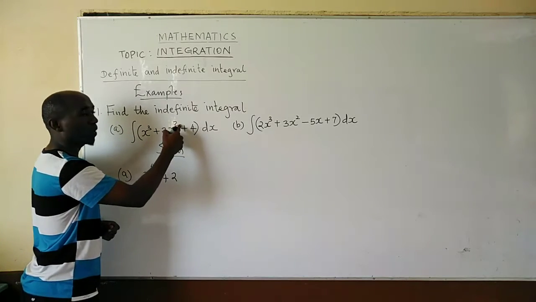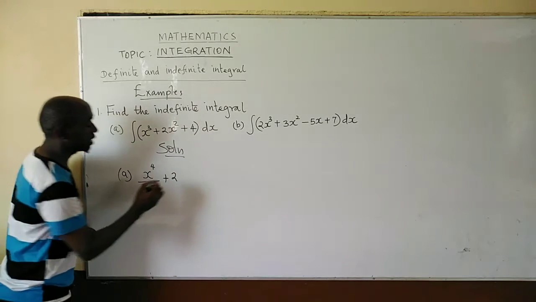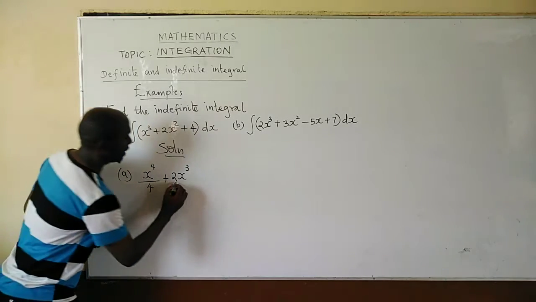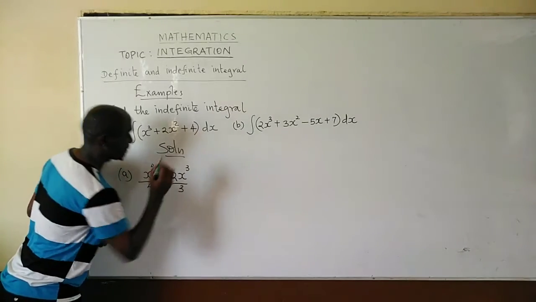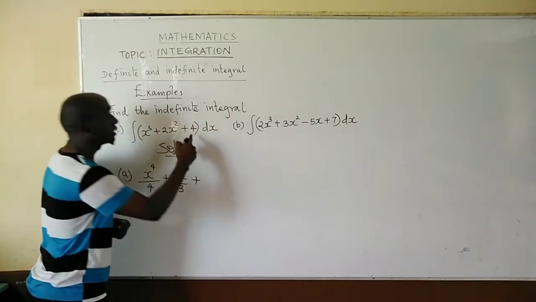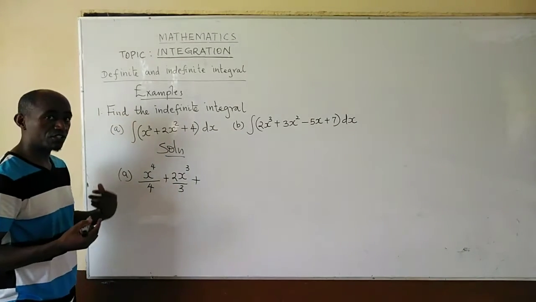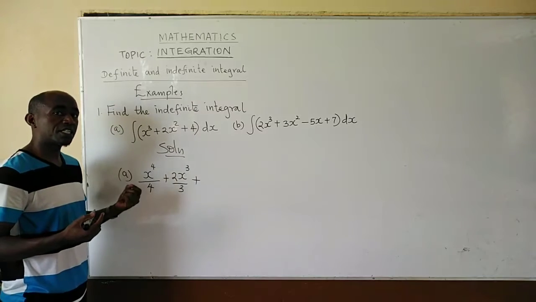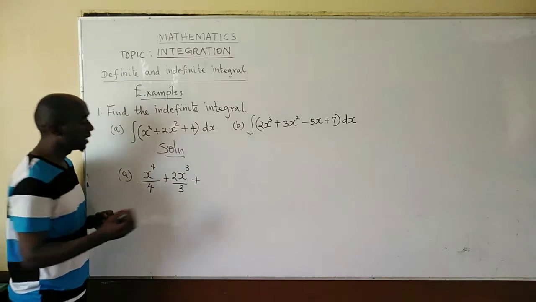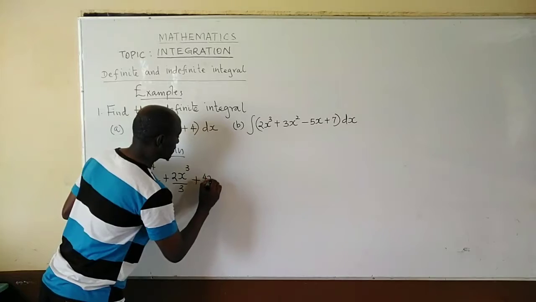2x squared. If you integrate x squared, you will get x power 3 divided by that power 3. Then plus, if you integrate 4, whenever you integrate a constant, you get that constant times the variable x. So if you integrate 4, you will get 4x.